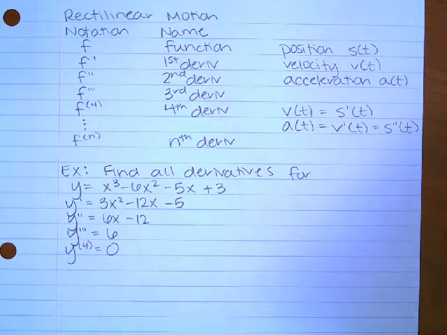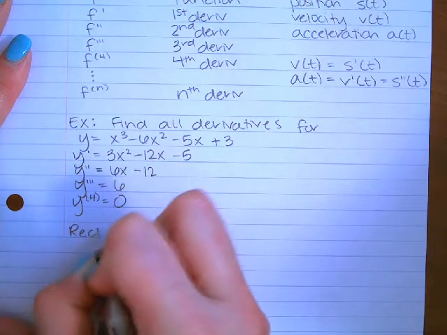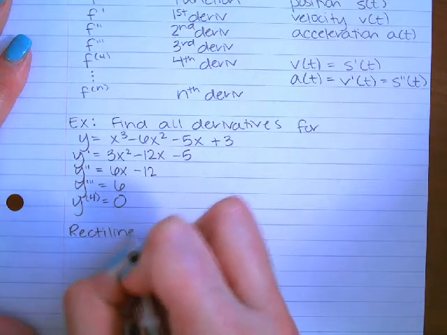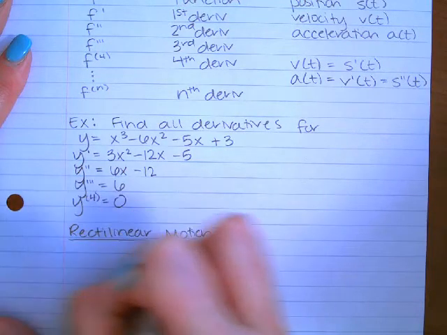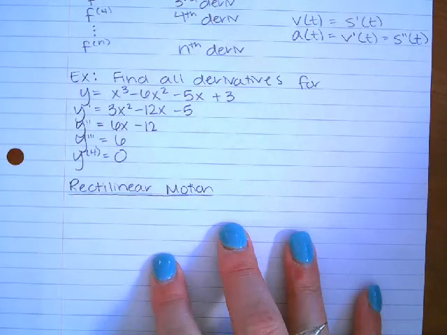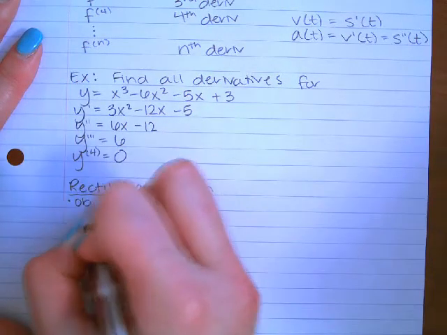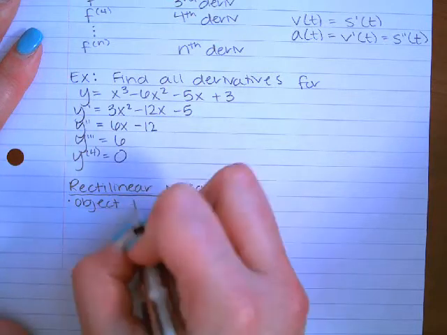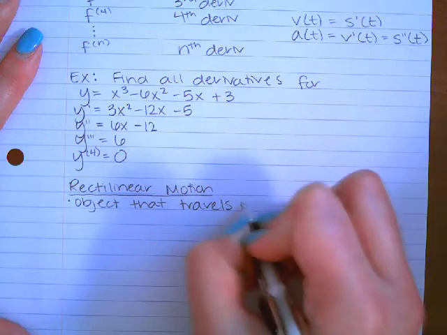Okay, let's move on to rectilinear motion specifically. I know I already wrote this as a title, but I'm going to write it again because now we're getting specific. For rectilinear motion, we have an object that travels in a line.